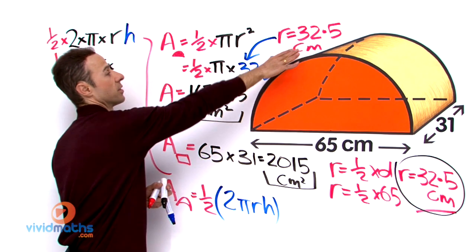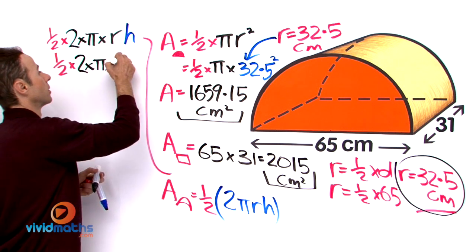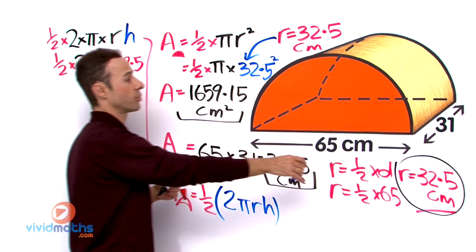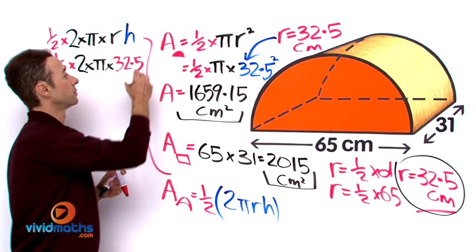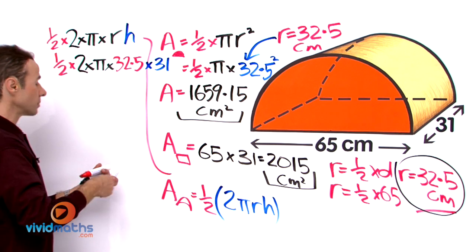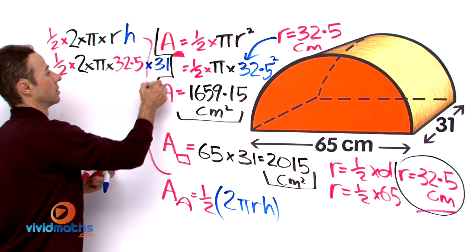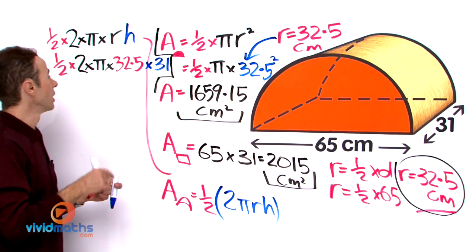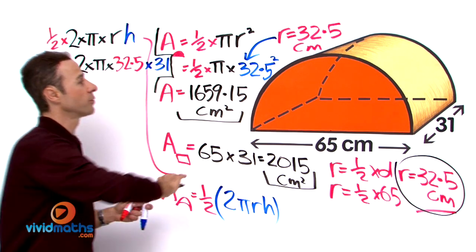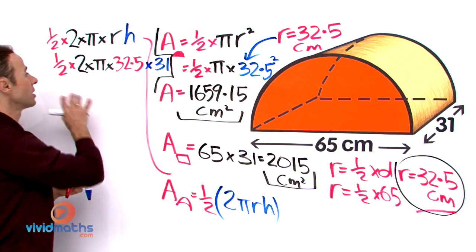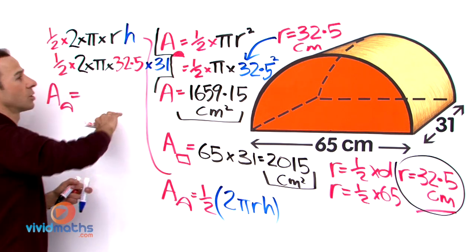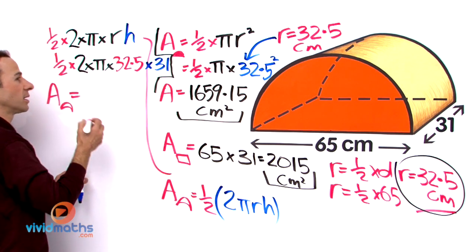The radius again, right over there, 32.5, and we multiply by the height, which is 31. So let's multiply all that across. 1/2 times 2 times pi times 32.5 times 31. That's a really long one, and we're looking for that curved surface coming all the way around there. So that's going to give us the area of the half curved surface all around there.